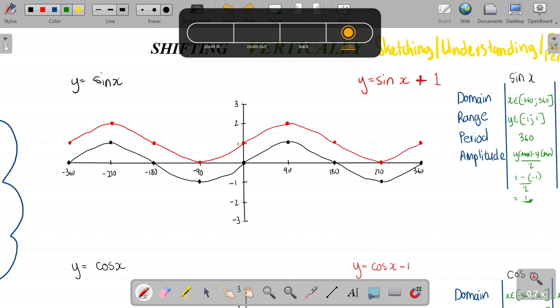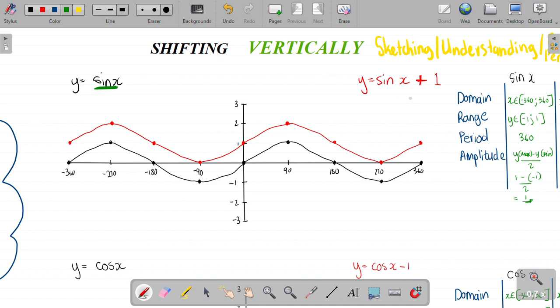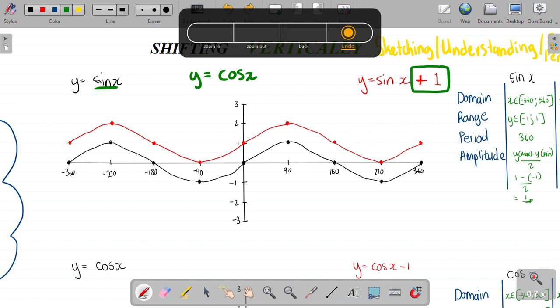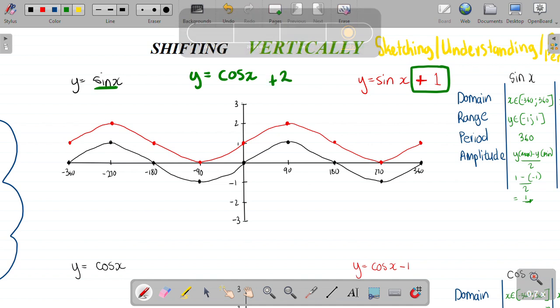So I first showed you the normal sine x graph, and now in red we are going to look at what a graph looks like when something is added or subtracted. Today's lesson is about when I have y equals, say, a cos graph, and I have minus 3 or plus 2, what happens?